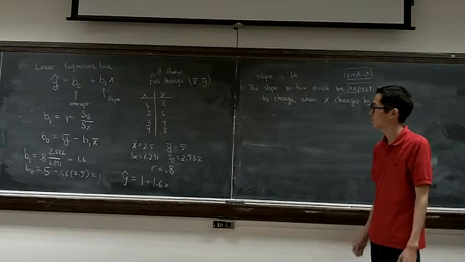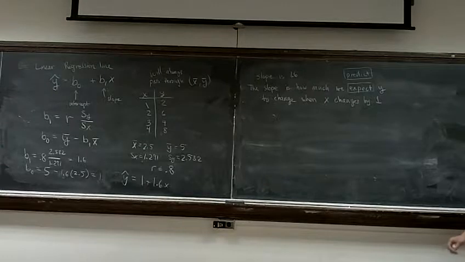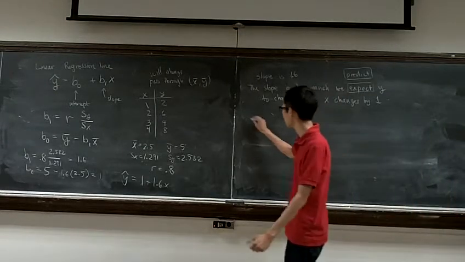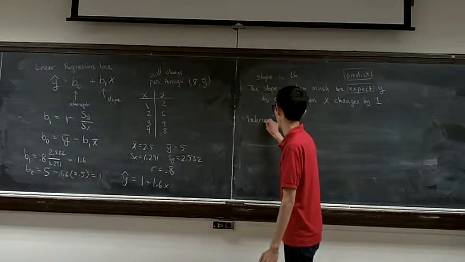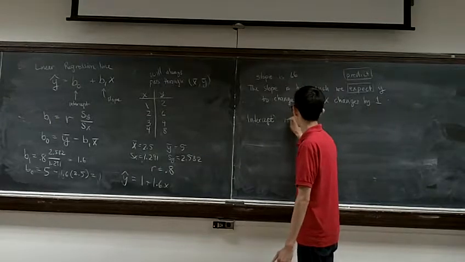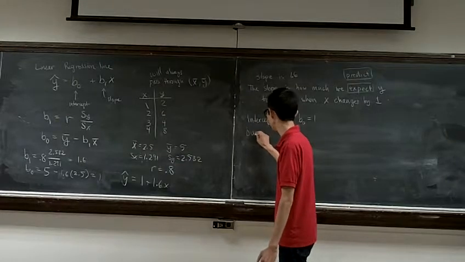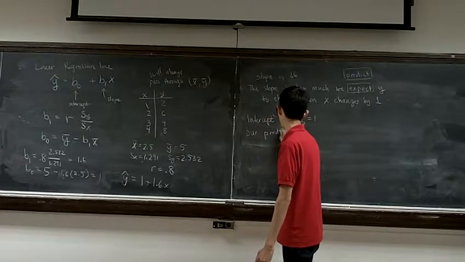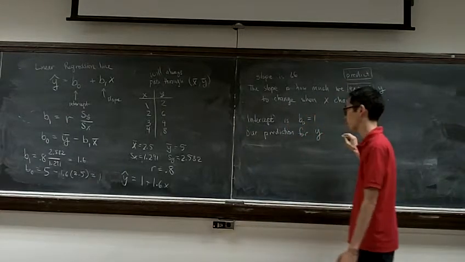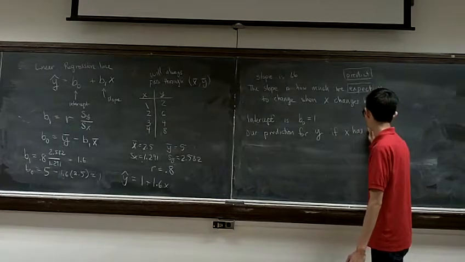So maybe it'll be more meaningful in another context where we have actual things associated with x and y. And the intercept is b0, which is equal to 1. This is our prediction for y if x has the value 0.